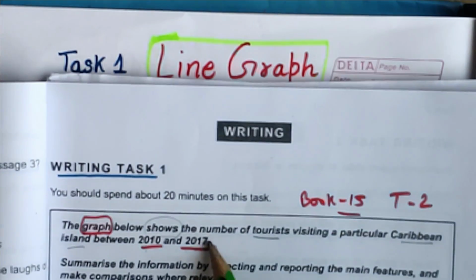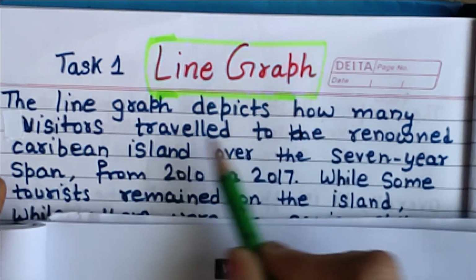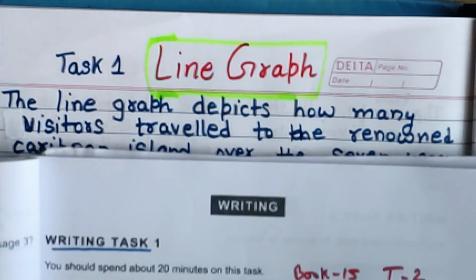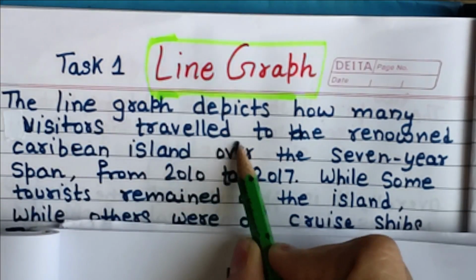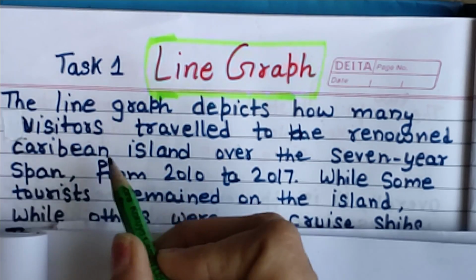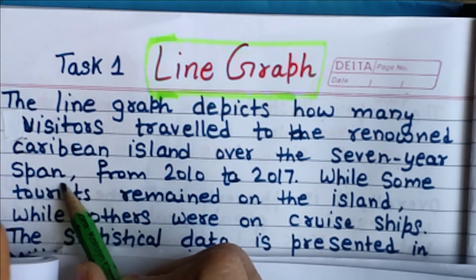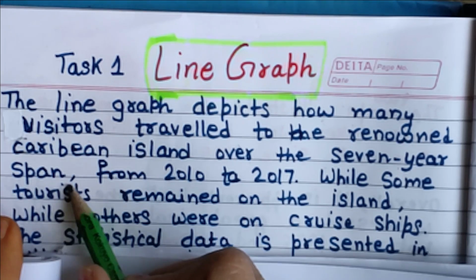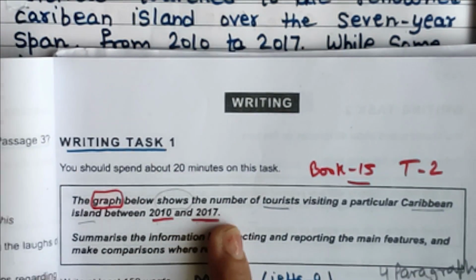Here they have given the number of tourists, so I have used how many visitors. Instead of tourists, I have changed the word to visitors, okay. Visitors travel to the renowned Caribbean, so C should be capital here, Caribbean island over the 7-year span, or 7-year time period, you can use it, okay. So here between 2010 and 17.